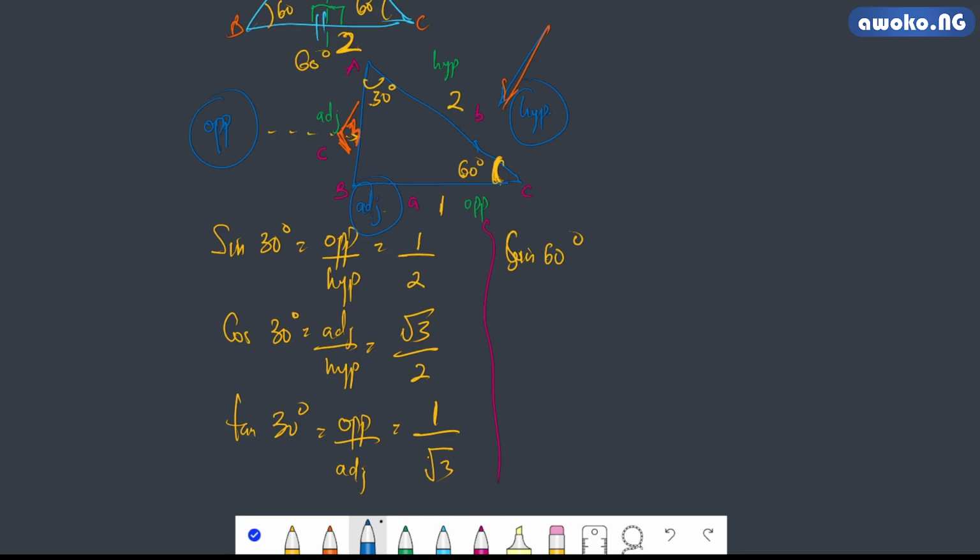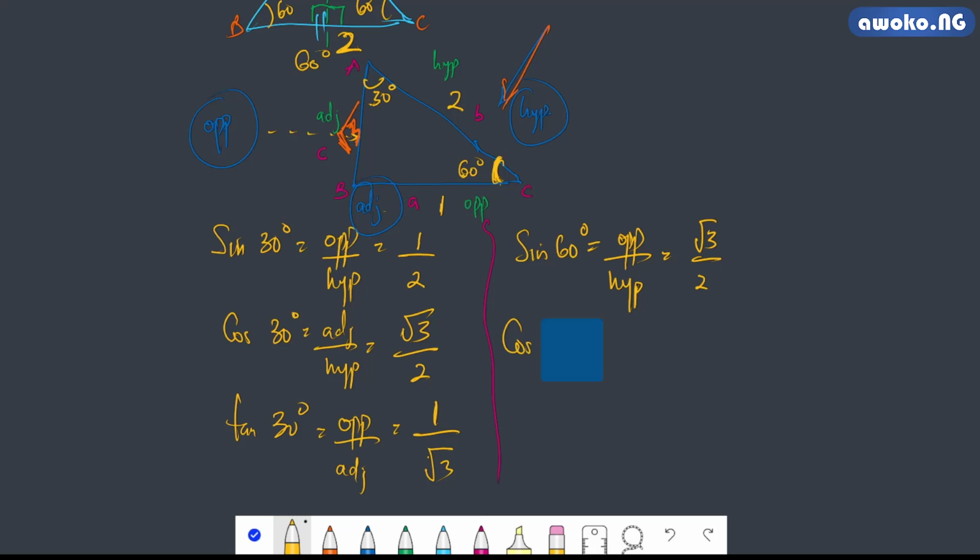Now, sine 60 degrees is equal to opposite over hypotenuse. And what is opposite? Opposite is root 3 over the hypotenuse, which is 2. So that is the special angle for sine 60 degrees.